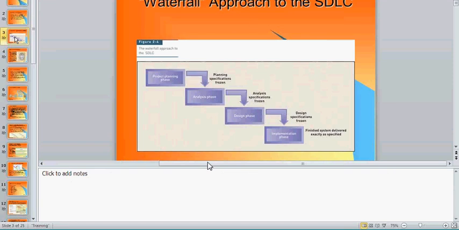And because of that feedback, we have allowed changes to your planning phase and your analysis phase. So in this hybrid model, your planning specifications or your analysis specifications or your design, none of them are really truly frozen.